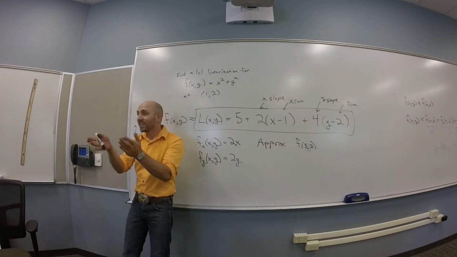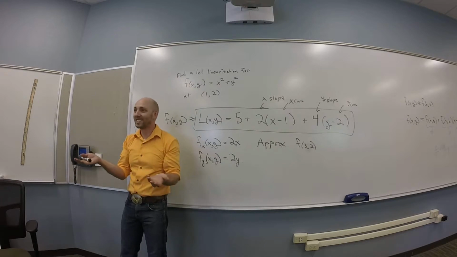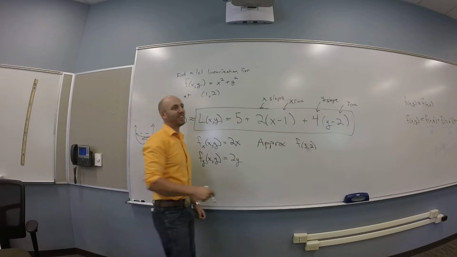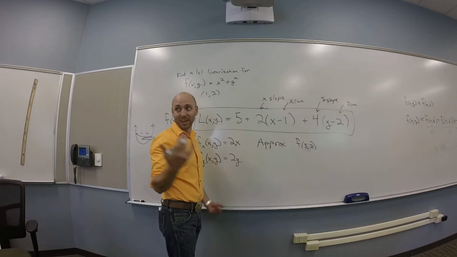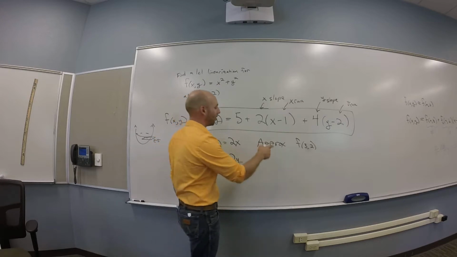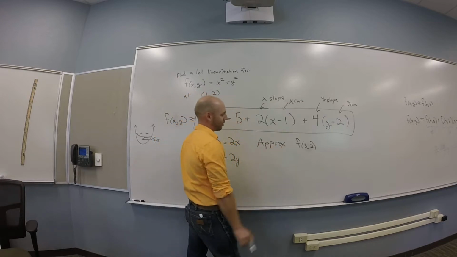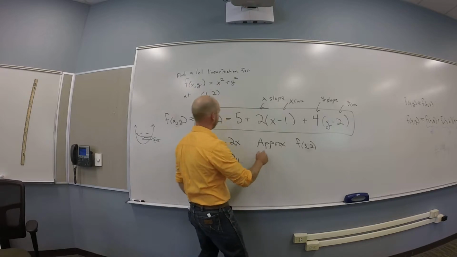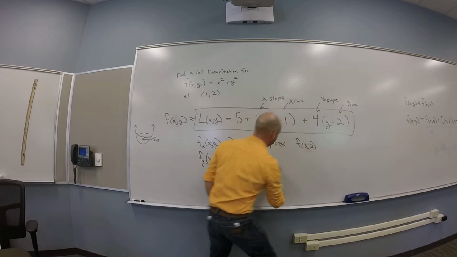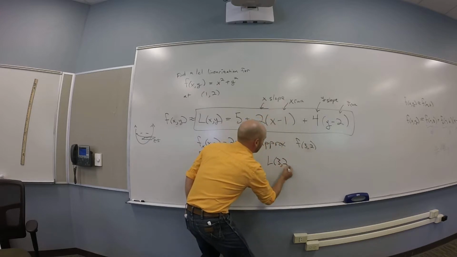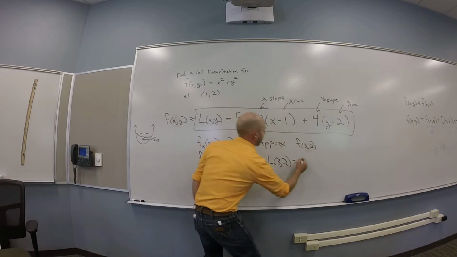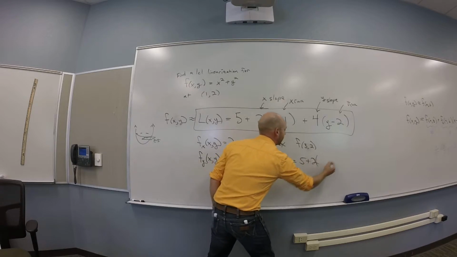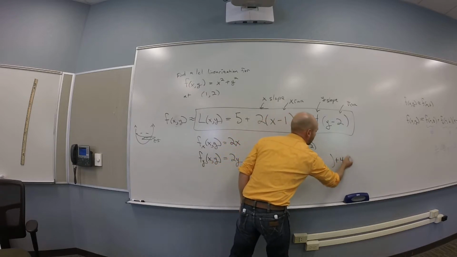That's good. Let's check it against the original one and see how we did. That's why I picked this dumb example, so we can actually check and see how it goes. So f of 3 comma 2 is about L of 3 comma 2. So L of 3, 2 is 5 plus 2 times something plus 4 times something.